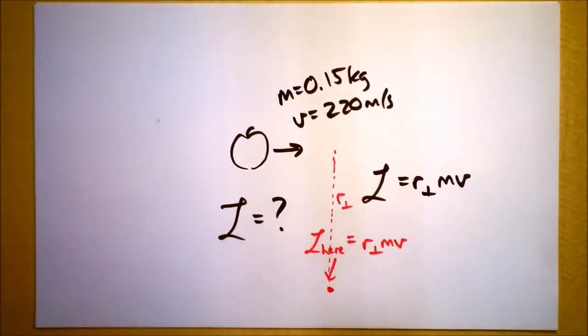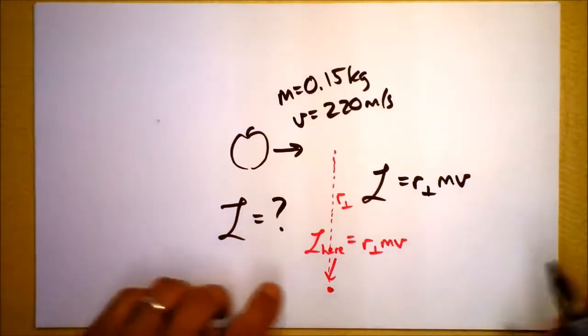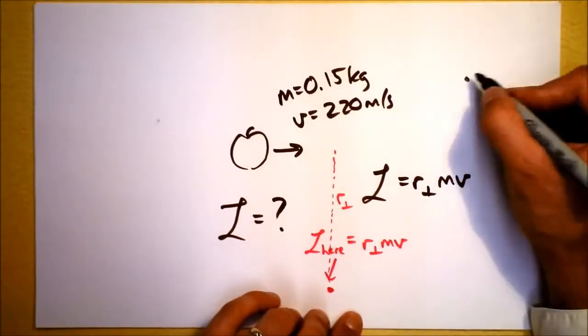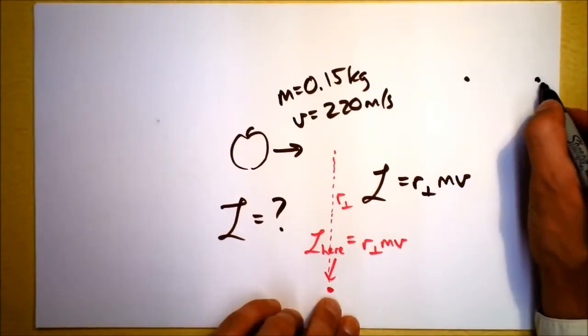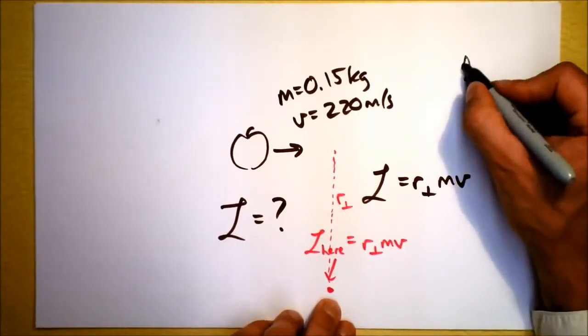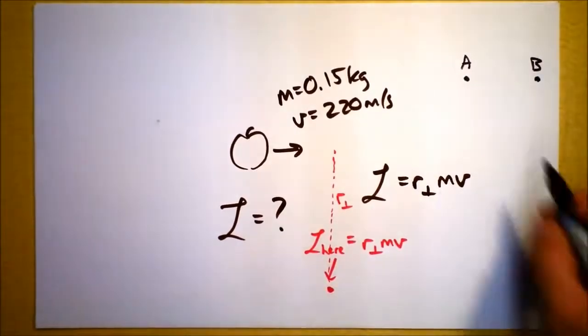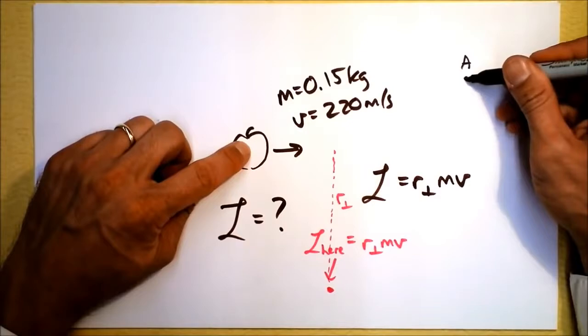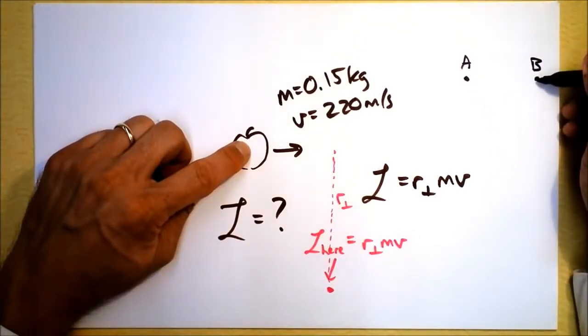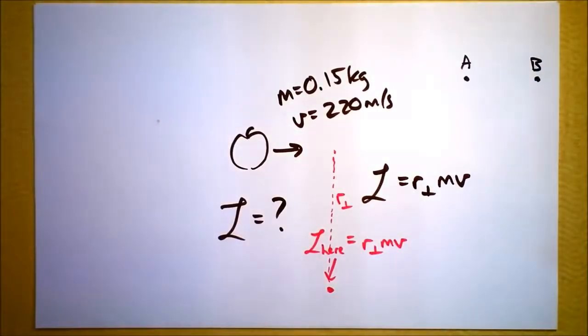What about if the axis of rotation were over here? What if it were right there? Ooh, what if it were right here? Let's call this location A and this location B. How does the angular momentum of the apple compare if we let the axis of rotation be here or here? Check it out.